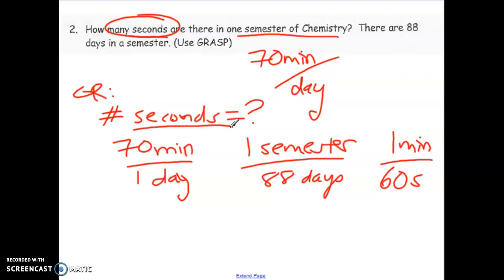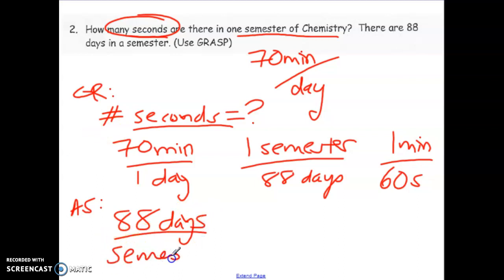Taking a look at this, you want to rearrange these conversion factors so that they're able to cancel out various things. How about we try to determine how many minutes are in the 88 days total? If we were to start solving this, 88 days per semester times 70 minutes per day.